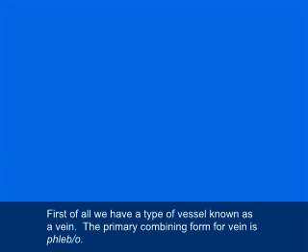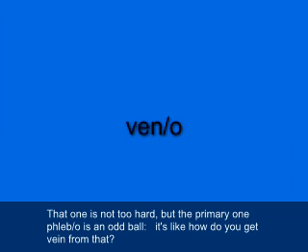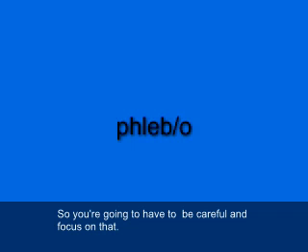The primary combining form for vein is phlebo, PHLEB/O. Now we also have an alternate one, and that is veno, VEN/O. And that one kind of looks like vein. That one's not too hard, but the primary one, phlebo, is an oddball. It's like, how do you get vein from that? So you're going to have to be careful and focus on that.